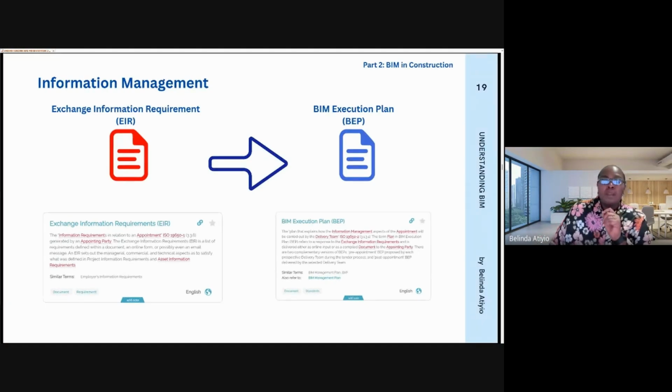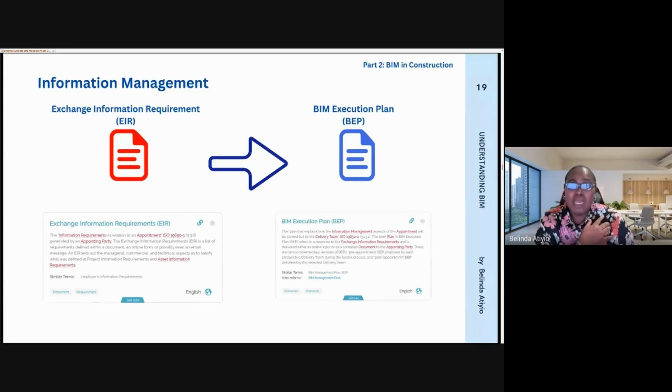Thank you. So the response to this exchange information requirement is what is called the BIM execution plan. The BIM execution plan is a response to the exchange information requirement by the client. The client has sent you a document telling you, I want to use BIM. These are the things that my organization and the project will require. Most times, a BIM expert has to do this document for the client.